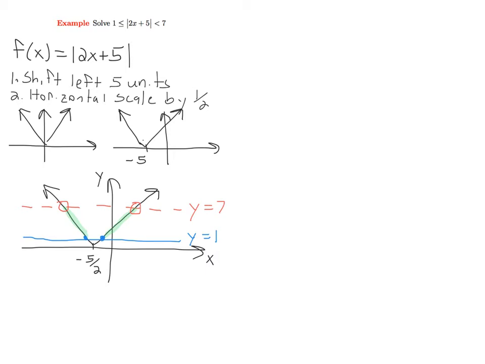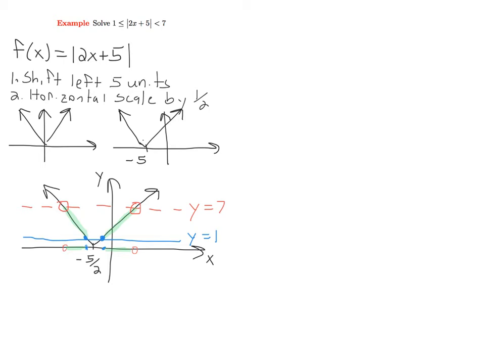So putting this all together, we're trying to find the x values between here, excluding that point, over to this point, including that point. We include this x value where they intersect, and then we exclude this x value where they intersect. So just highlighting this on the x-axis, it's going to be the values in here and the values in here. All of these x values give me a y value between 7 and 1.